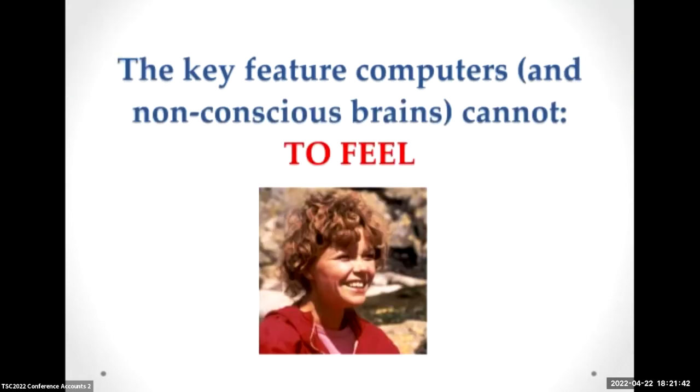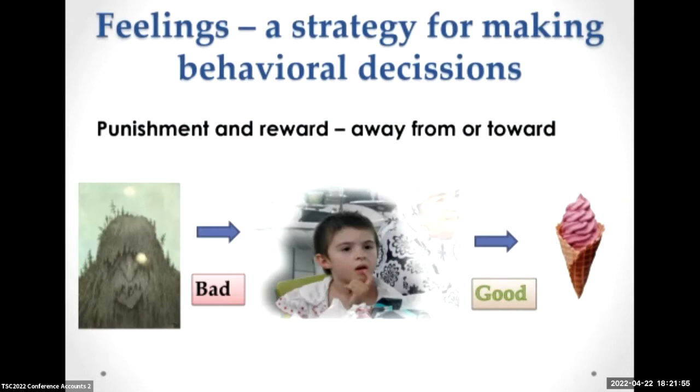And I think the key to understanding why consciousness started its evolutionary history is that it is connected with the need to feel, and feelings are really just a strategy for making decisions that is built on punishment and rewards.